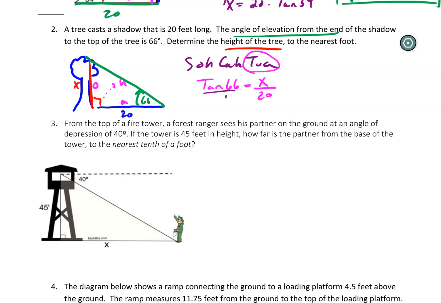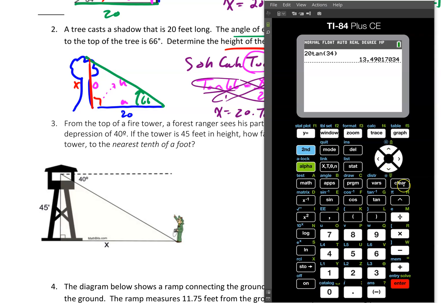Again, put this over 1. I can then cross multiply. So x equals 20 times the tangent of 66. So we can plug that into our calculator. We get here 20 tangent of 66.